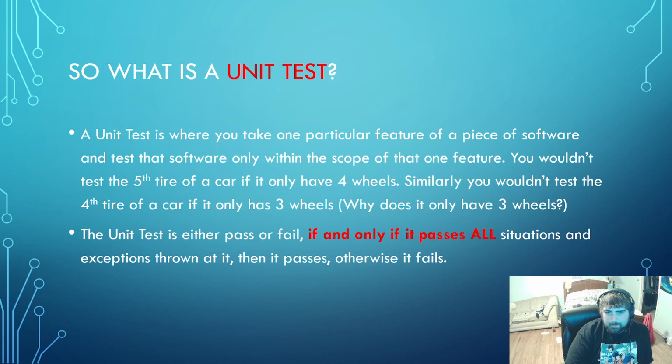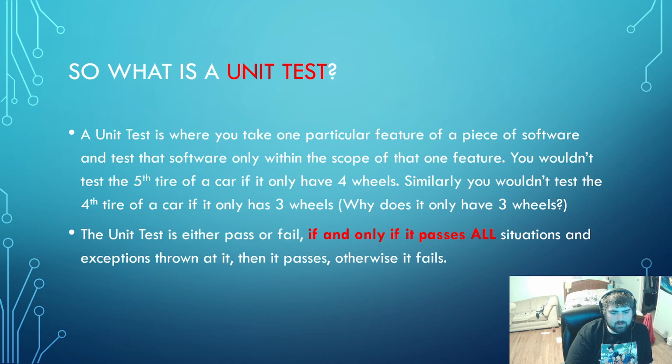But I would say that a unit test is where you take one piece, and the word they like to use a lot is feature. You take one feature of a piece of software and you test that one feature.